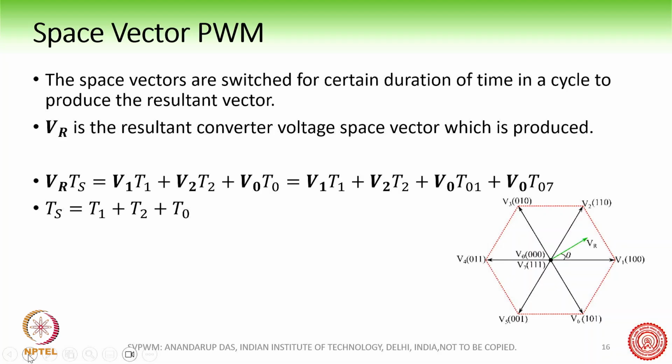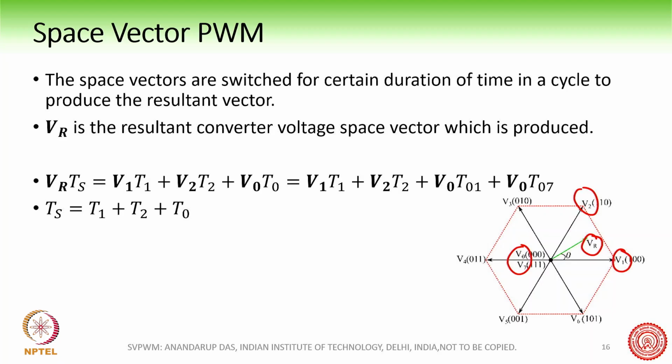So as I told you, we are trying to generate that Vconv or the V resultant vector, and we are going to use the three nearest vectors which enclose this reference vector. These are the three vectors V1, V2 and V0, or V7. These three vectors we will use to come to this point Vr.